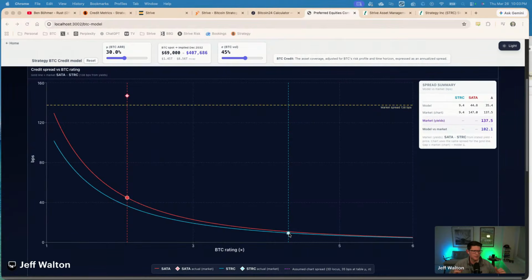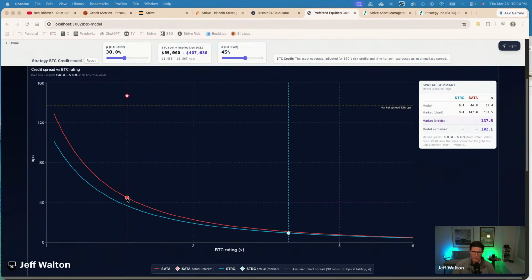Now, mathematically, based on this framework, SATA credit spread is up here at 44.8. As you go lower in BTC rating, the credit spread goes higher, but it's not a linear relationship. It changes over time, like an inverse exponential relationship. But one of the most fascinating things here is that the difference in credit spread between the two, mathematically, based on this framework, is 35 basis points.